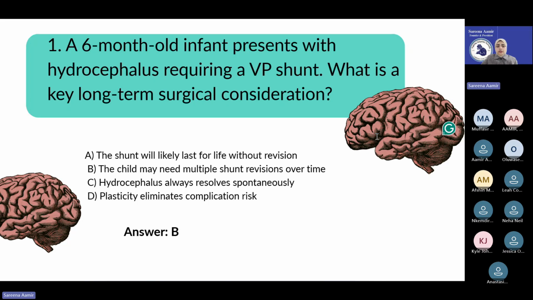My peers don't have to. That could have an impact, especially in terms of the ethics side. Multiple shunt revisions could also increase the risk of infections or other complications that could arise. So that is also something that you could talk about in terms of the surgical considerations of this scenario.